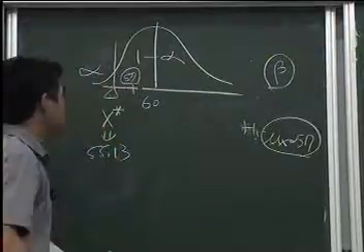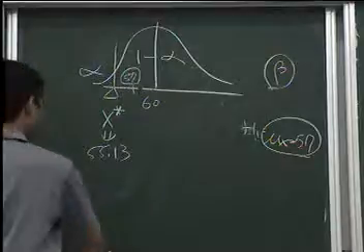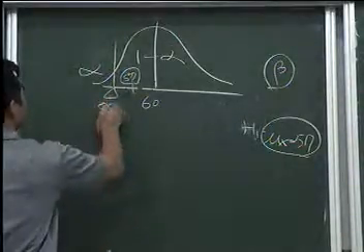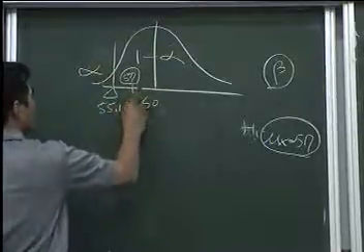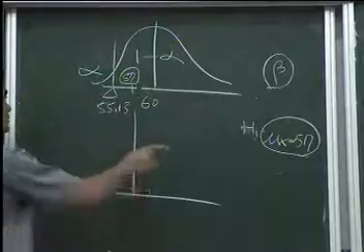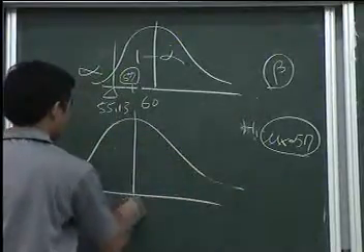Okay, let's move on. We want to calculate the beta there. So we know this is 55.13. And now we say H1, the mu is actually 57.